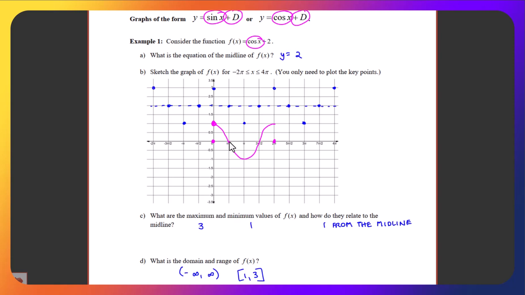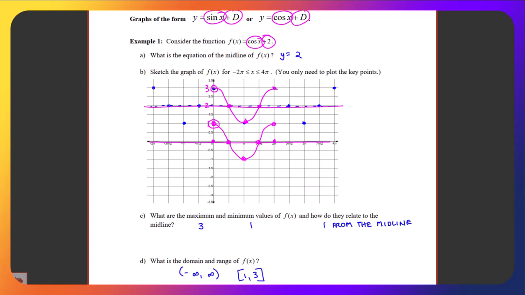And these are the 5 key points for cosine that we need to know. And then if we're going to move it up 2, if we look at the scale, this is 1, this is 2, this is 3, and so this point goes up 2, but the key is the middle that used to be at y equals 0 also goes up 2. The middle goes up 2. And so we have our new points.